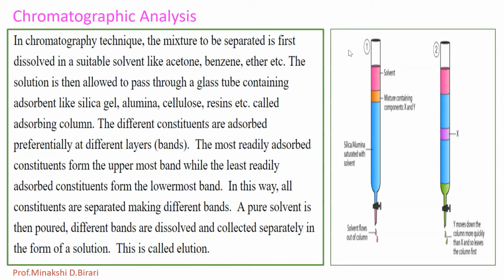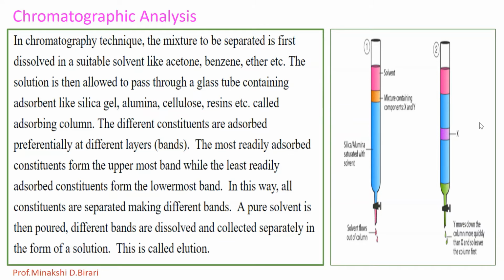The different constituents are adsorbed preferentially at different layers, or there is the formation of different bands. The most readily adsorbed constituent forms the uppermost band, while the least readily adsorbed constituent forms the lowermost band. In this way, all the constituents are separated, making different bands.